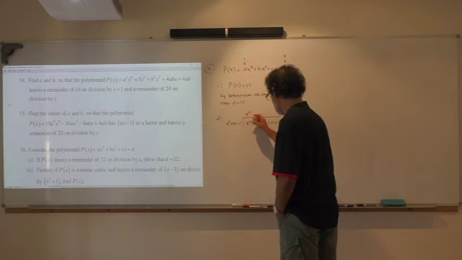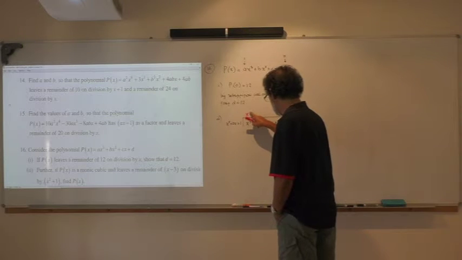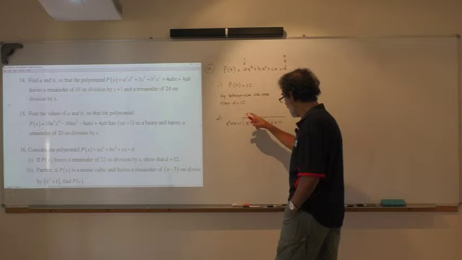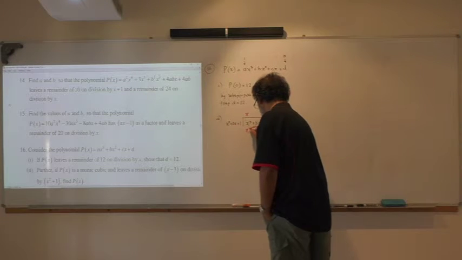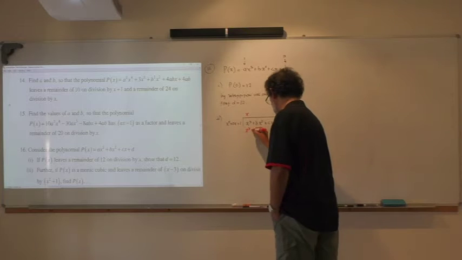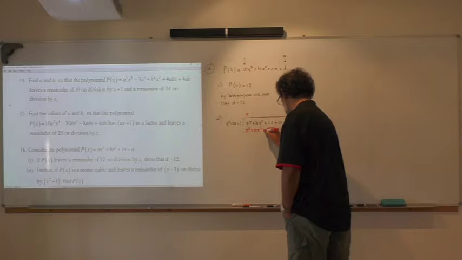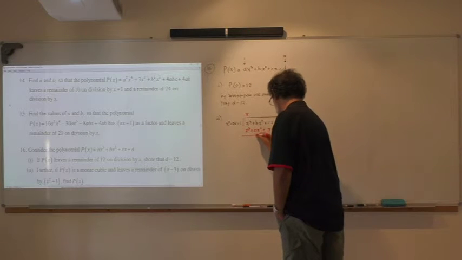So we have x times x squared, so it's x cubed, and then x times 0x is going to be 0x squared, and then x times 1 is x.